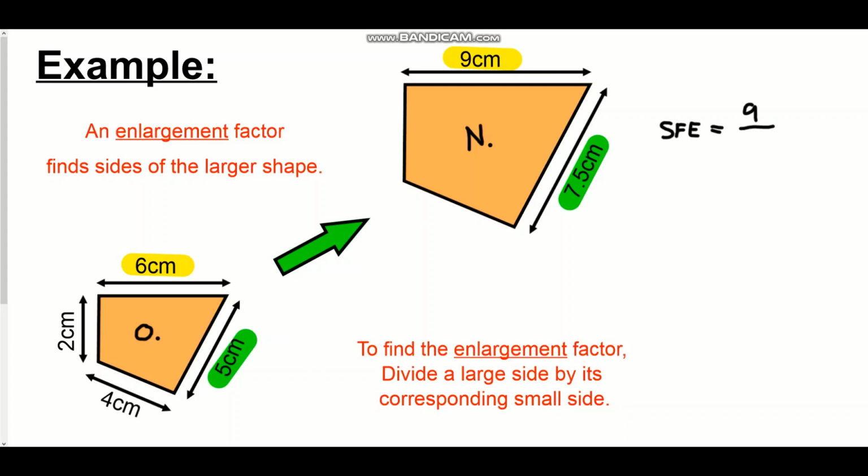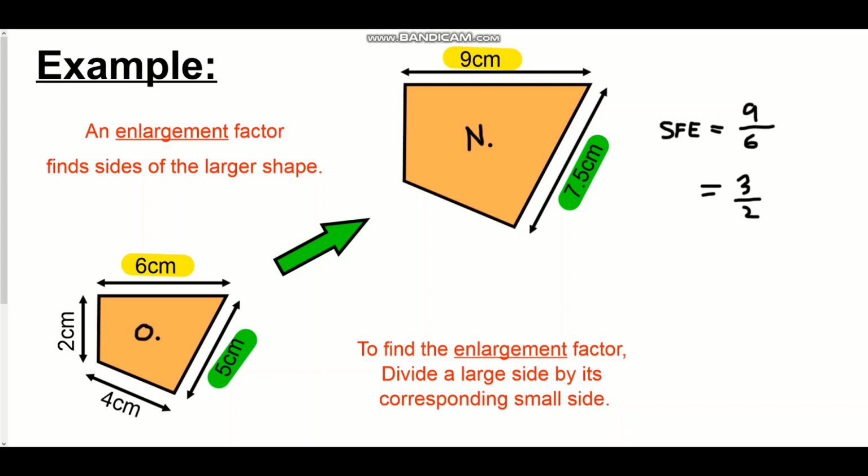So my scale factor enlargement is found by taking a side on the new shape and dividing it by the corresponding side of the old shape. So I'm going to divide this 9 by 6. If I want to work in fractions, I can simplify this down. I get a fraction of 3 over 2.